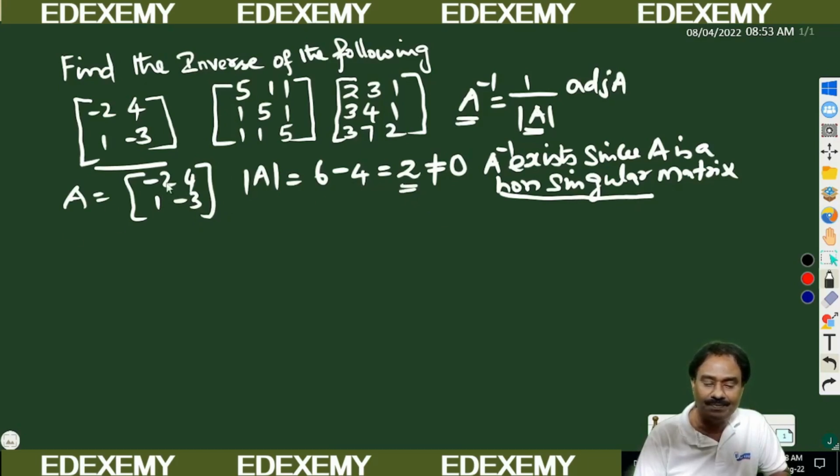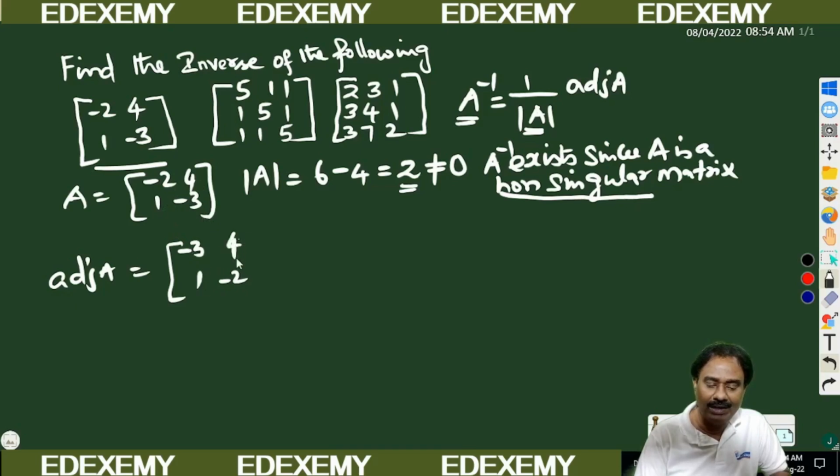Simply on this diagonal you interchange the numbers, and on the cross diagonal you change the sign, that's all. Now you follow me. 2, 3 will become minus 3 here, minus 2. Interchange the numbers, and the sign will change in this diagonal.